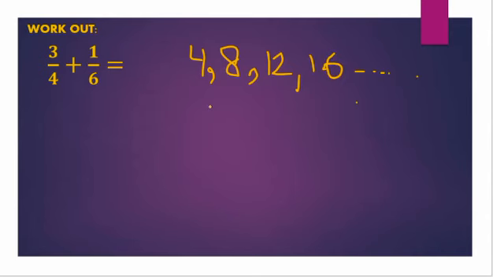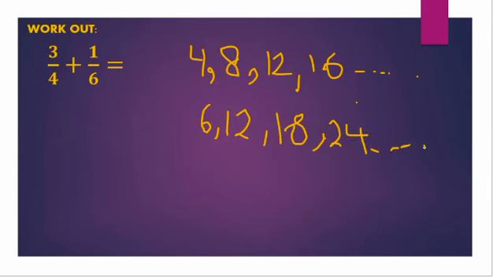Okay, now for the number 6, what are the multiples of the number 6 to take the least common multiple? 6 and 12. After 12 we have 18 and 24 and so on.